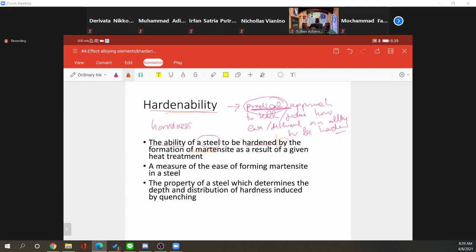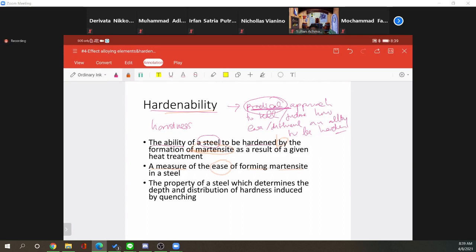So it should be about martensite, right? Because we will measure something to do with martensite. It's not only the ability to be hardened, but also related to the formation of martensite. In other words, you can also say that hardenability is a measure of how easily an alloy forms martensite.